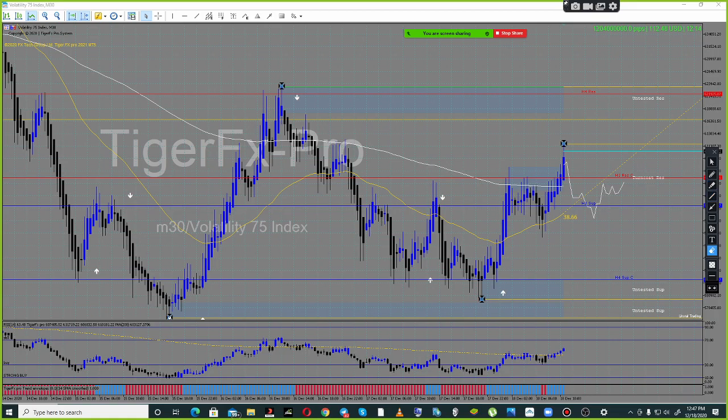As you can see for yourself here, I'm up about $110 because I keep it simple and I follow my rules. I did enter for a buy here. The reason I entered for a buy is because price broke the resistance, and I had my signal that the market is trending there.